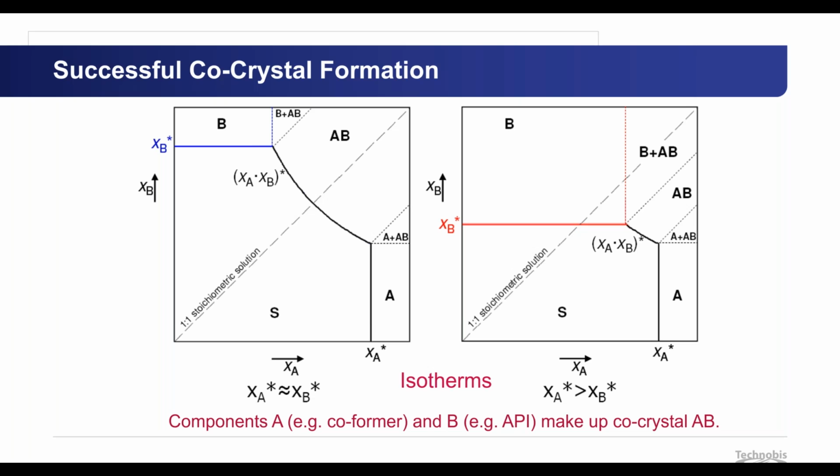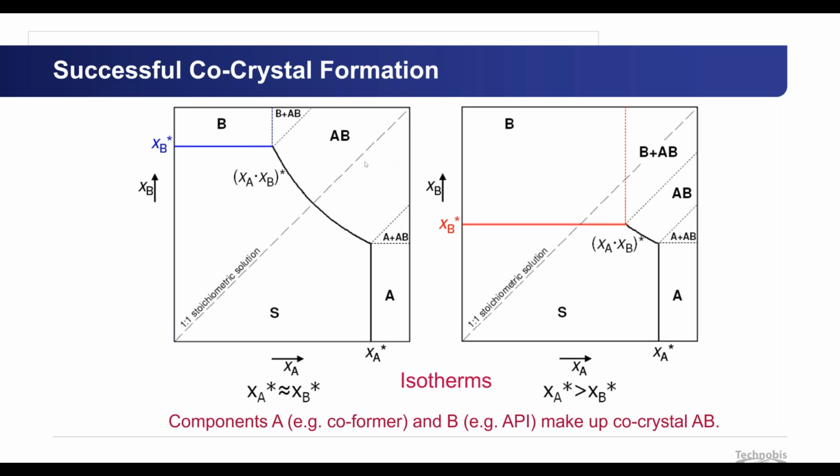So what you would do is look at the solubility of your compound. This is the ideal case scenario where you determine the solubility of your compound, the solubility of your conformer, and ideally in a stoichiometric ratio 1:1, you will form the co-crystal.